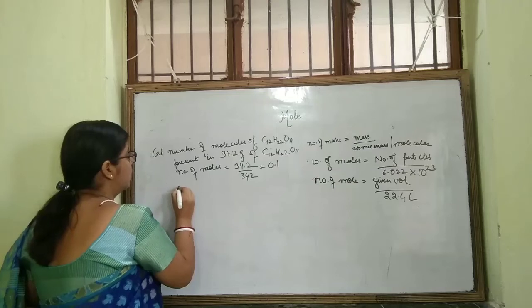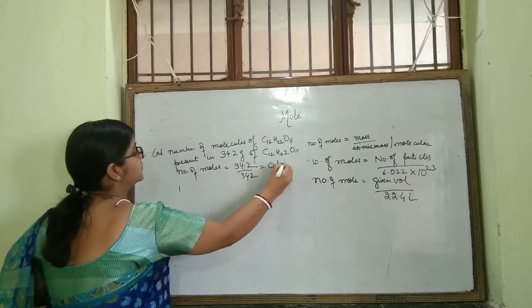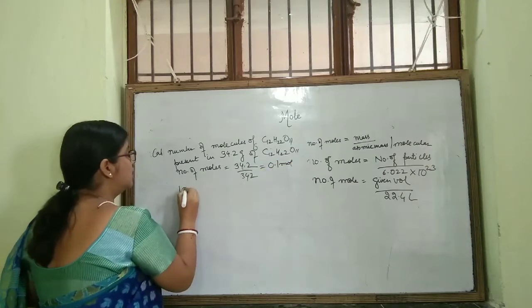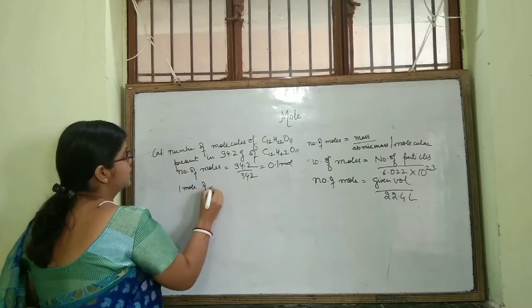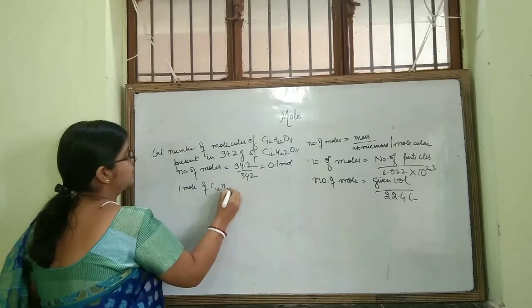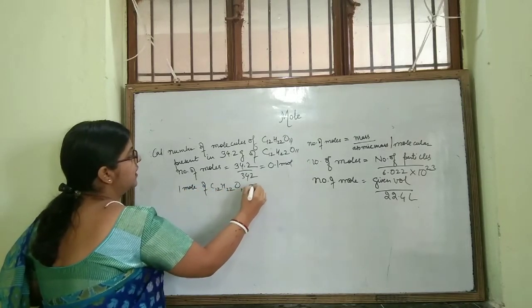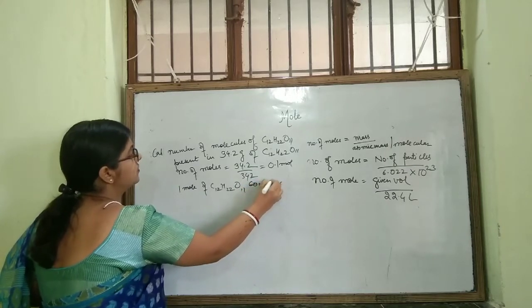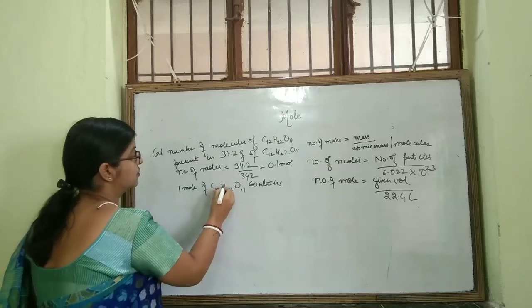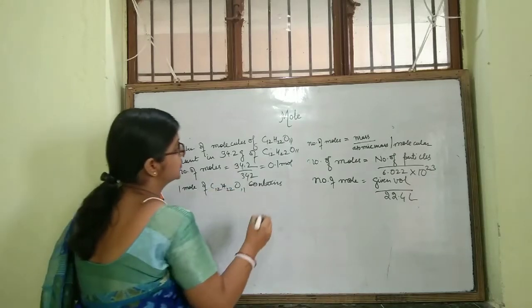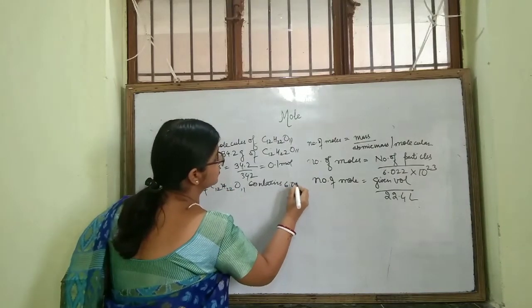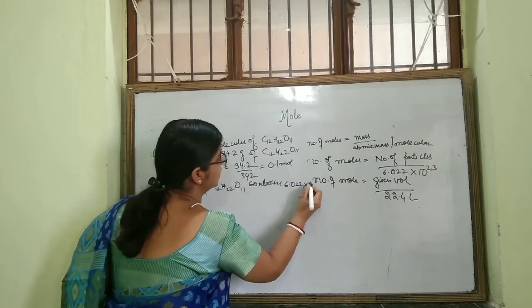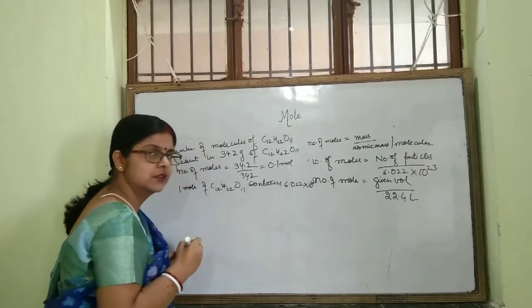Now you see, 1 mole of C12H22O11 contains how many particles? How many molecules of sucrose? 6.022 into 10 to the power 23 molecules.